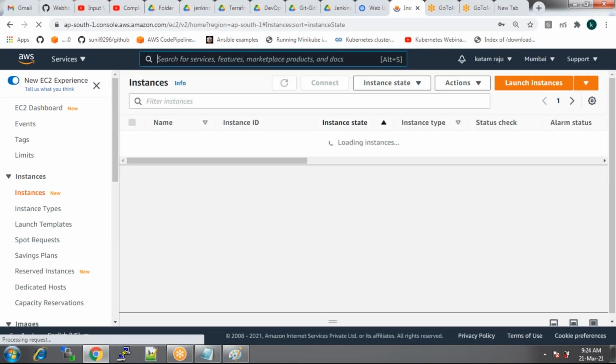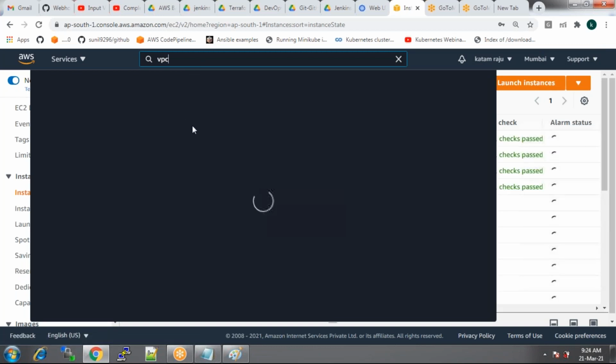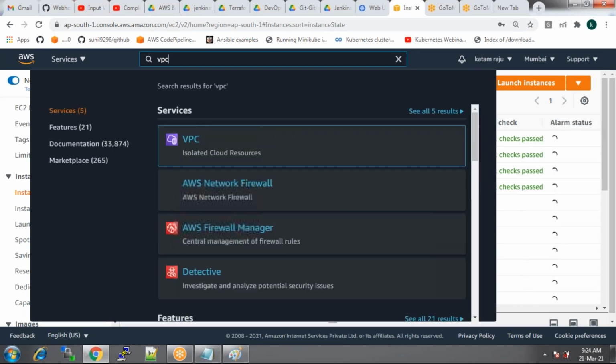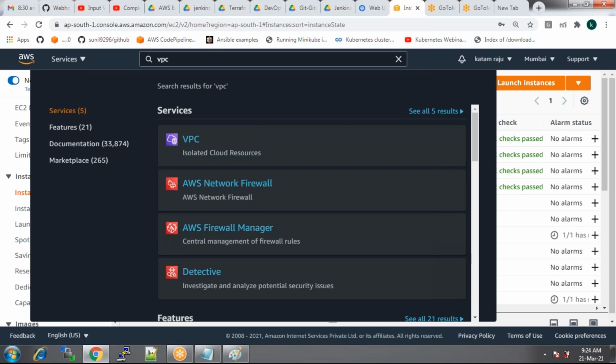VPC is a service. It's kind of isolated cloud resources. If you want to set up a network that is isolated, with special security and special access control, you can set it up. That is what isolated means.